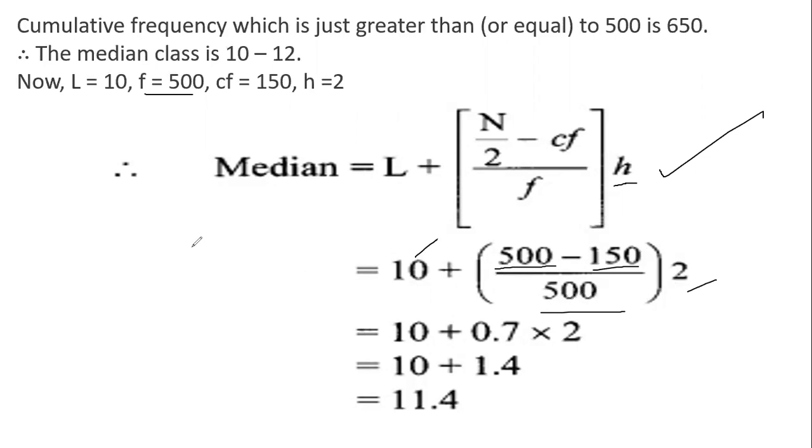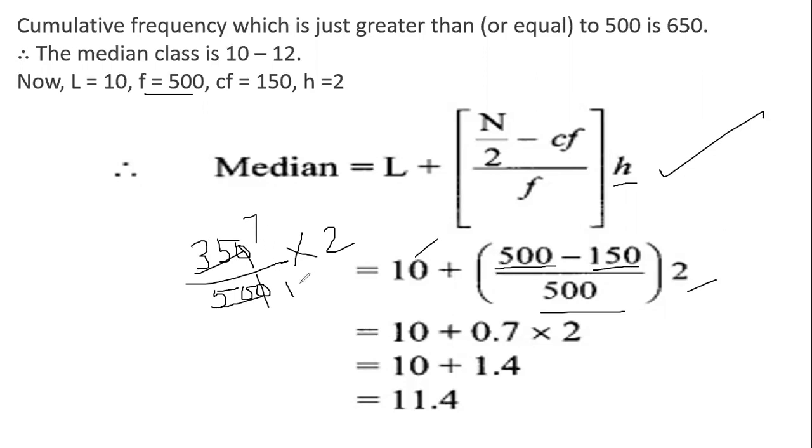500. 350 divided by 500 and multiply by 2. So this you divide. 35 divided by 5, so you get a 7.